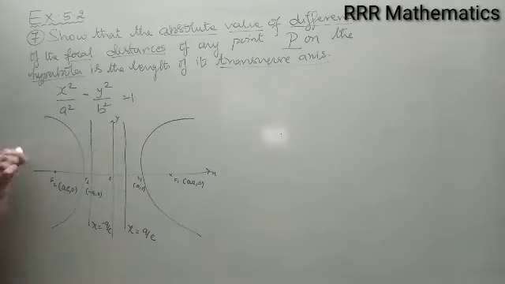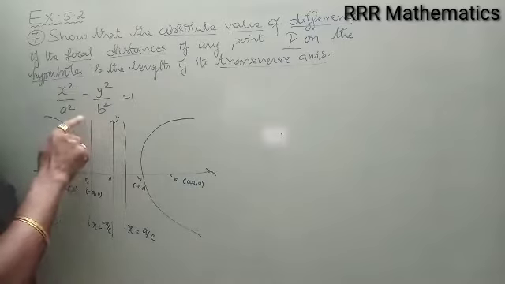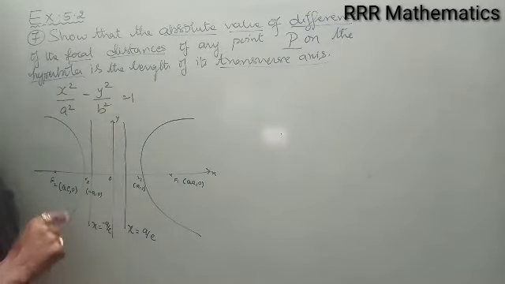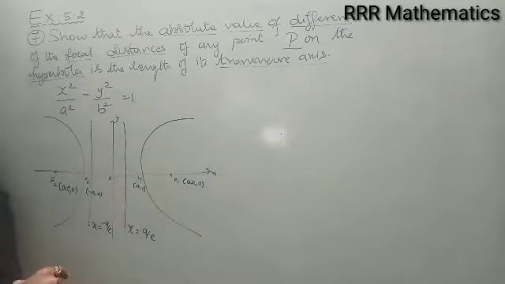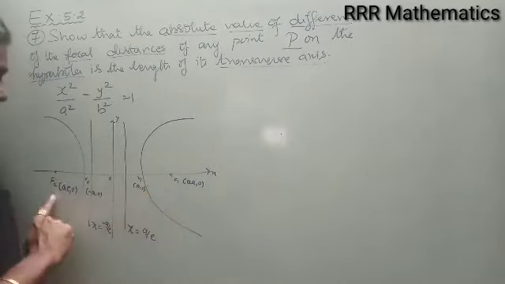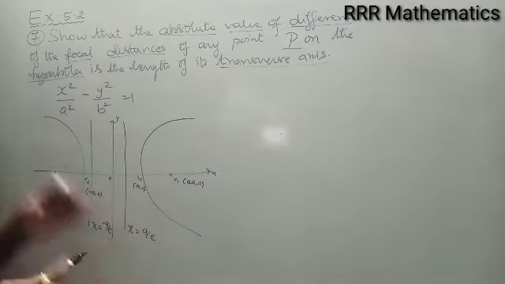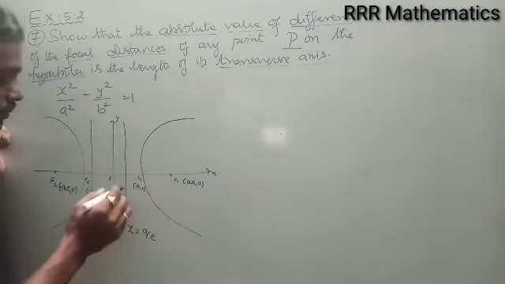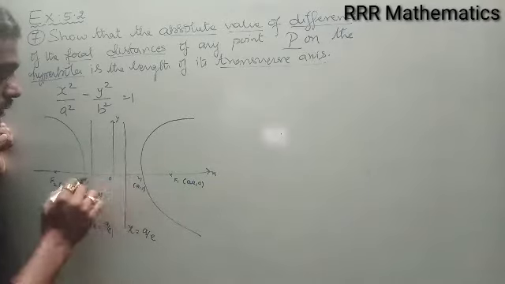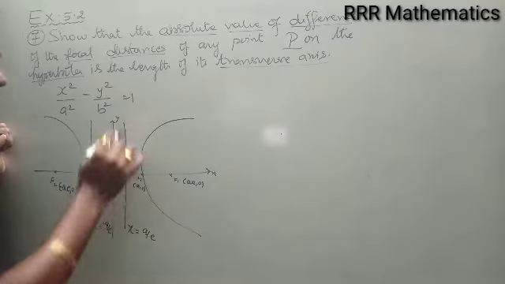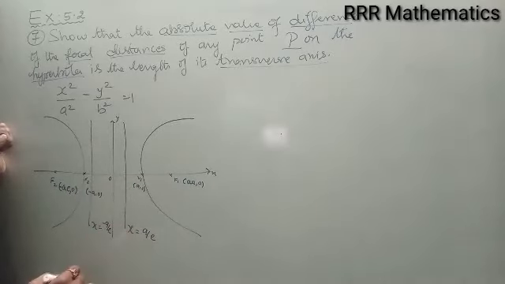See, I am considering the equation of the hyperbola x square by a square minus y square by b square equal to 1. In this case, the transverse axis is along the x-axis, the center is the origin, the foci are (±a, 0), the vertices V1 and V2 are (±a, 0), and the directrices are x equal to plus or minus a by e.